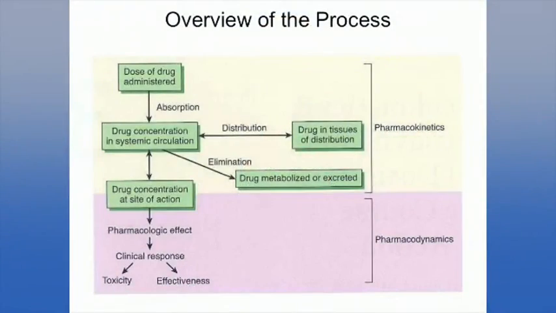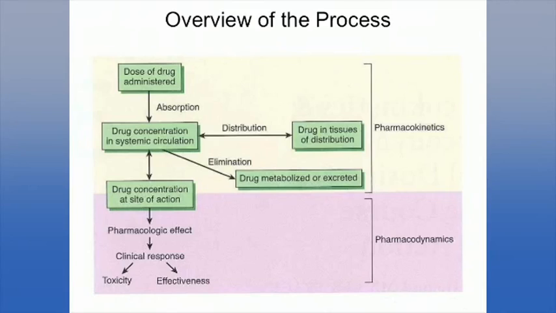The pharmacologic effect of the blood pressure pill is to lower blood pressure. That's intuitive. The clinical response is to see if lowering the blood pressure reduces heart attack, stroke, renal impairment. We also want to know if giving that blood pressure lowering pill causes any unwanted toxicity. Unwanted toxicity is a bit of an oxymoron.